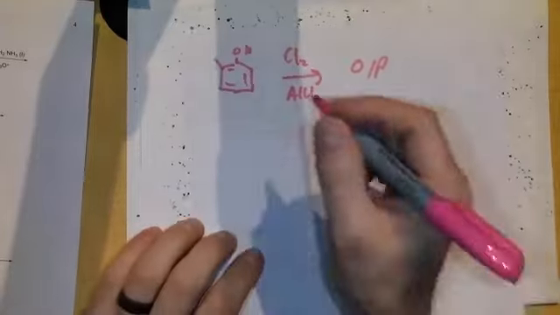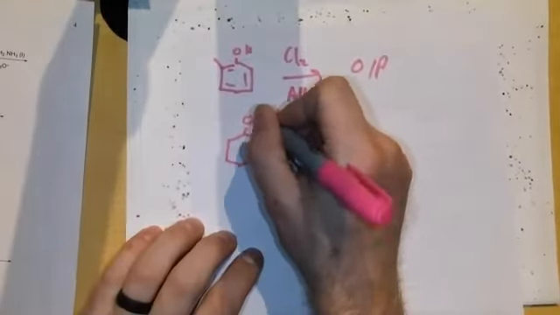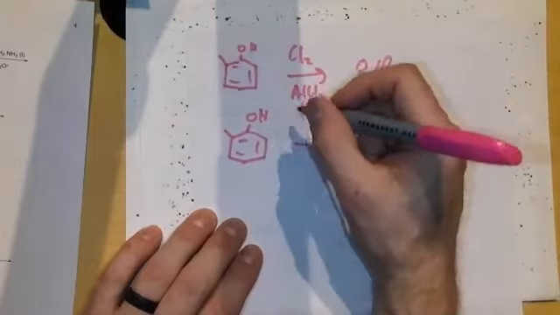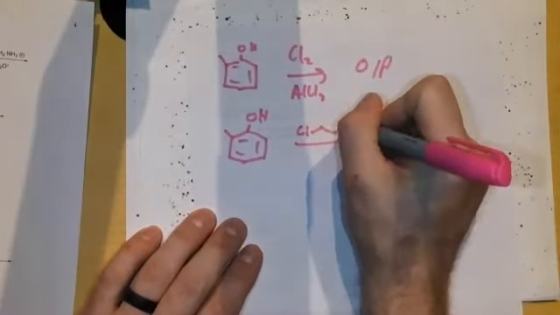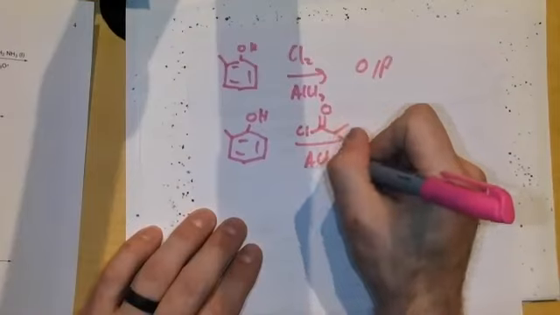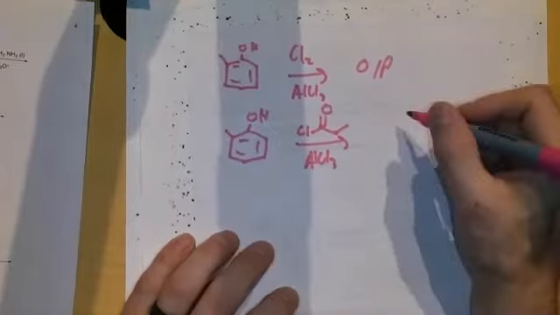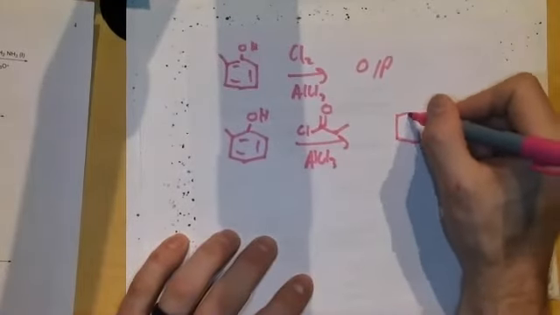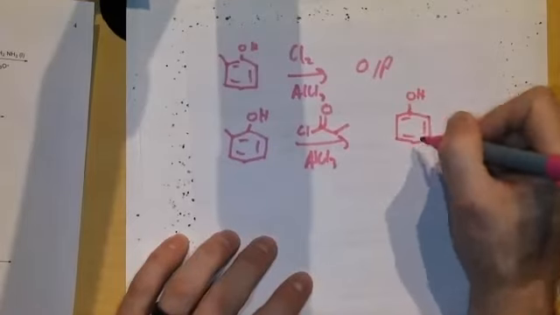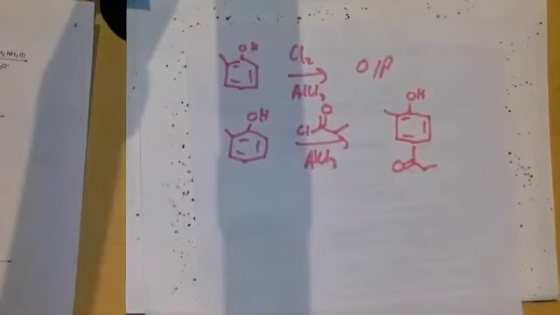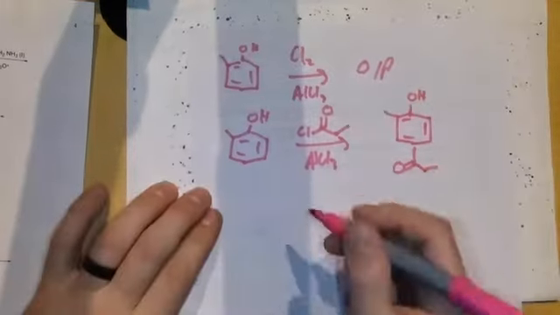If we do something big, like instead of just a chlorine, we're adding in something like this acyl group here, this most likely will just give us the para product. So if I was asking you to draw this one, this would only have one product, which would be this. Because it's such a large group, it's only going to add to the para position. Same thing if you have a large group already on there.